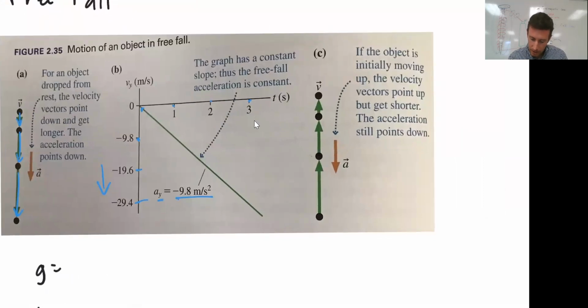If the object is initially moving up, the velocity vectors are going up, but getting shorter. Same deal, the acceleration is still down. Because it's slowing down as it goes up, it's still accelerating downwards. The entire time up, it's accelerating down. The entire time down, it's accelerating down because it's always being pulled by gravity down.